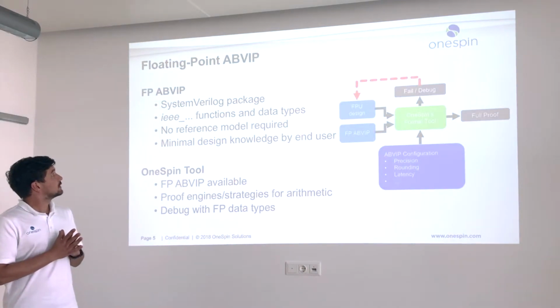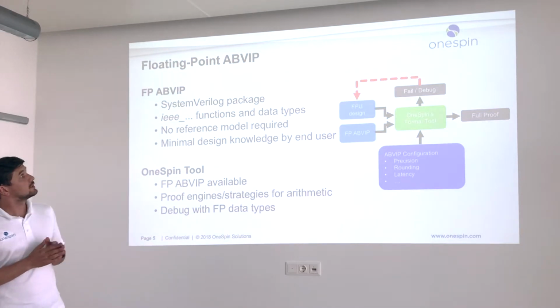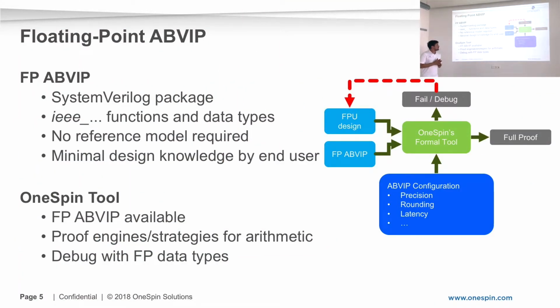So how does this look in OneSpin? The floating point assertion-based verification IP comes with a SystemVerilog package, IEEE functions, and data types inside OneSpin. There is no reference model required to verify the floating point arithmetic implementation, and the end user requires only minimal knowledge to perform this verification.